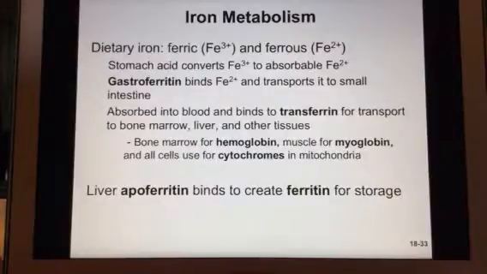And so our stomach acid converts ferric into ferrous, which has the ability to be absorbed by our small intestines. It's absorbed into the blood and then transported into the bone marrow, and this is required for hemoglobin to be able to be produced.